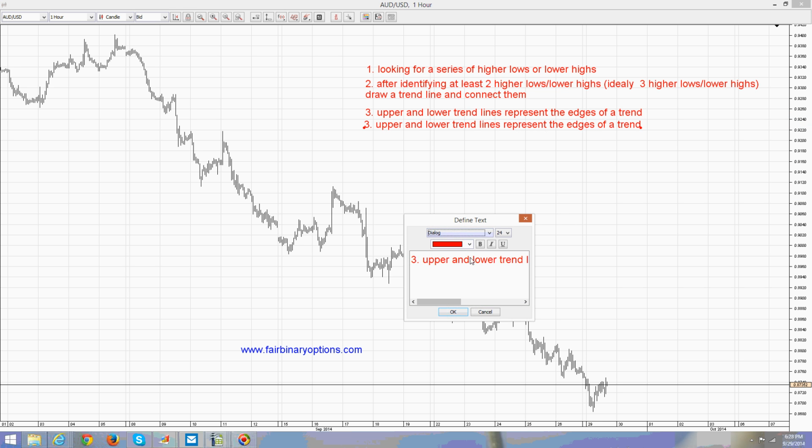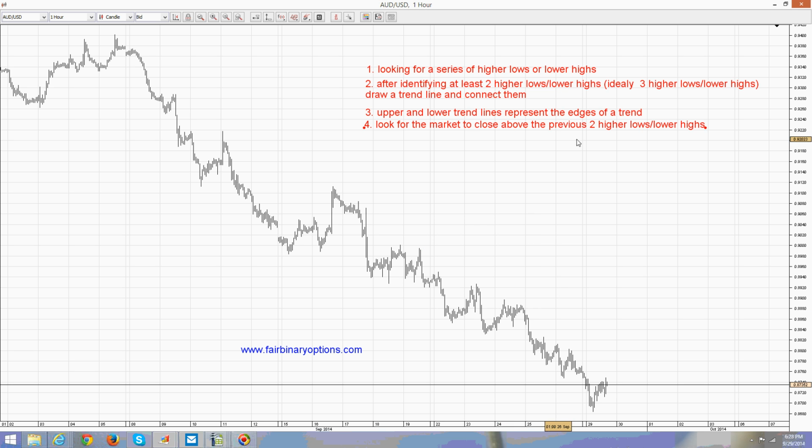Well, look for the series, or for the market to close above the previous two higher highs or higher lows, sorry, or lower highs. And that's it, and the trend should be completed, and we should move on trying to identify the same principle over and over and over again.